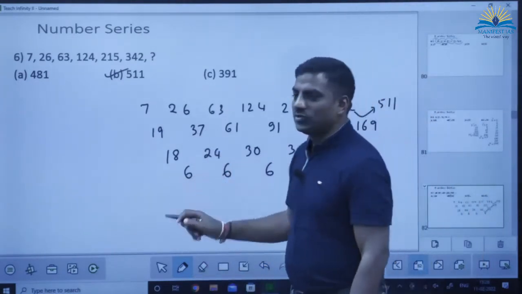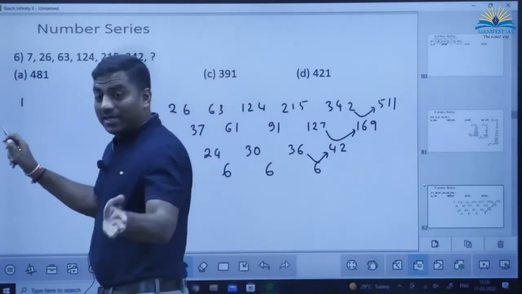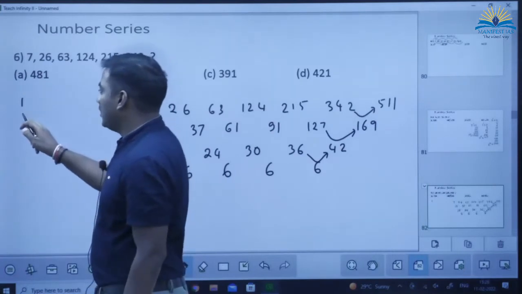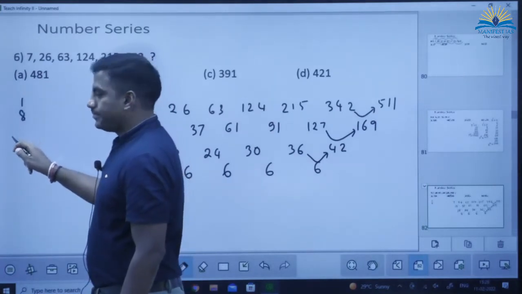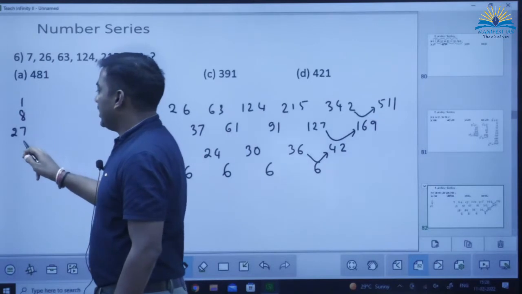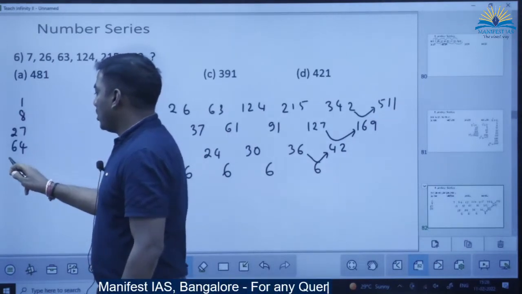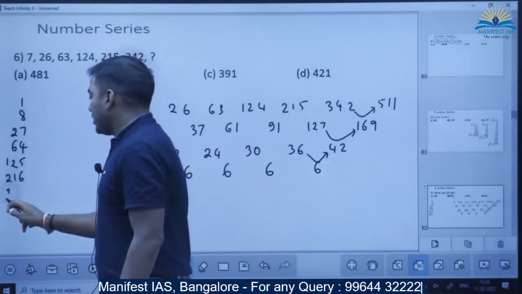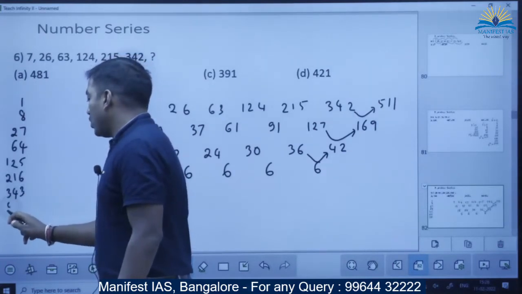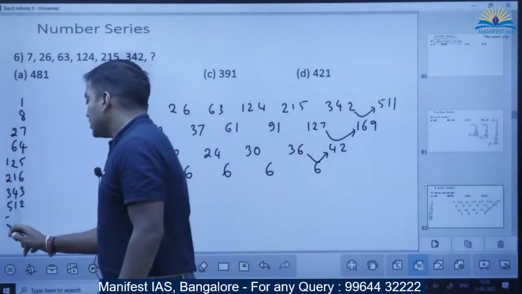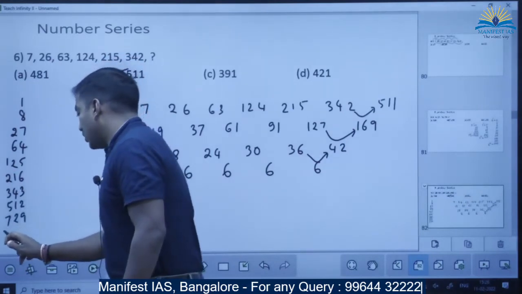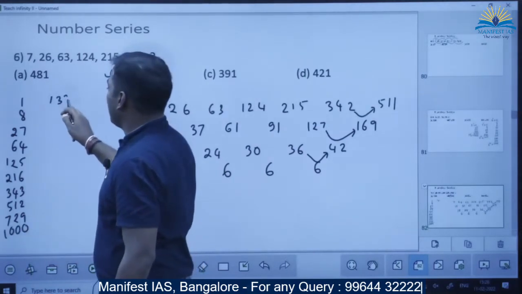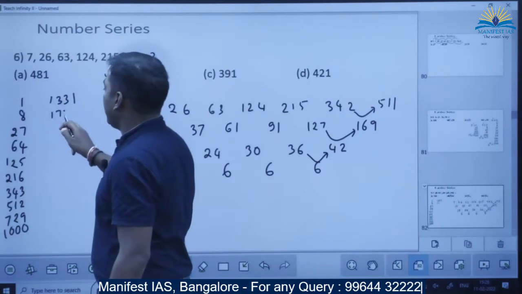First of all, write the cubes here. Open that data bank. 1 cube is 1. 2 cube is 8. 3 cube 27. 4 cube 64. 125. 216. 343. 512. 729. 1000. 1331. 1728.